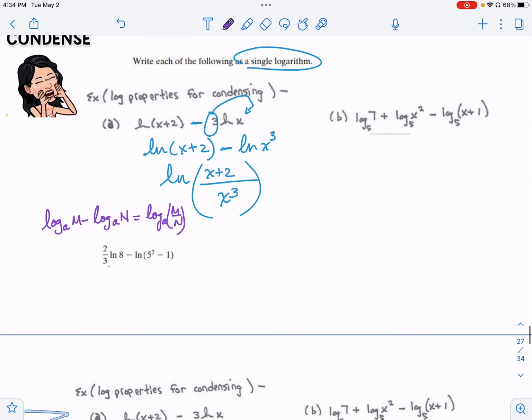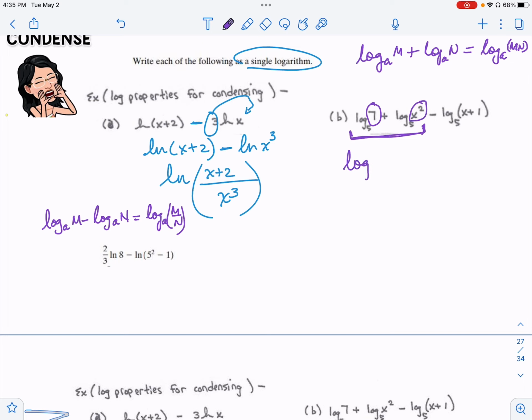All right, looking at the second one, this is 3 terms, so you can only go left to right. If you look at the first 2 terms, this is the product property, which said that if you have log m base a plus log n base a, that could be compressed into a single log of m times n, so the same base. So this is my m here, and this reflects the n here.